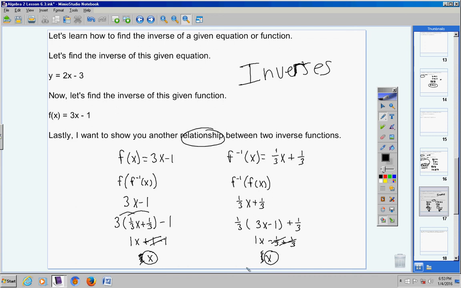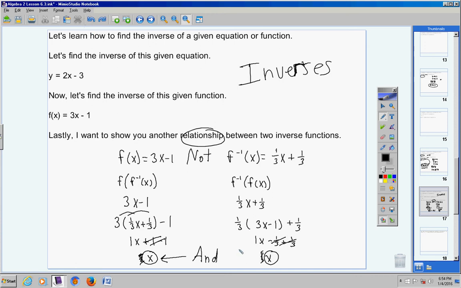If you do not get out x both times, then these two functions are not inverses of each other. You're not going to get out -x. You're not going to get out x plus 1. You're going to get out x and x. And it must happen to both of these. If you get out x here and over here you get out x plus 3, then these two functions are not inverses of each other.